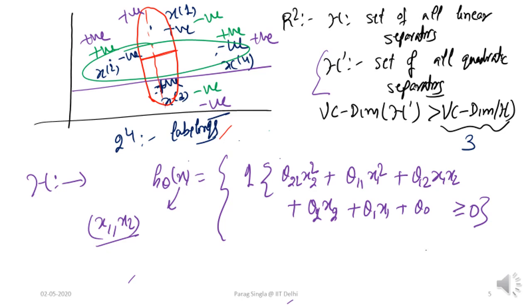For example, what we can do simply is construct an ellipse around the points x1 and x3. So construct this ellipse, shown in red, around x1 and x3, which are labeled as positive, and anything outside that ellipse, which is a quadratic boundary, will be negative.